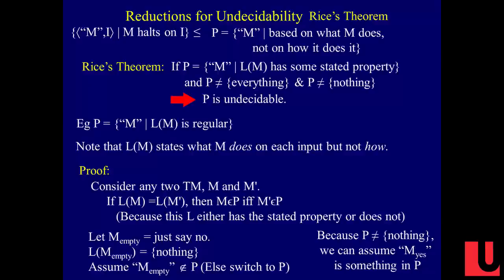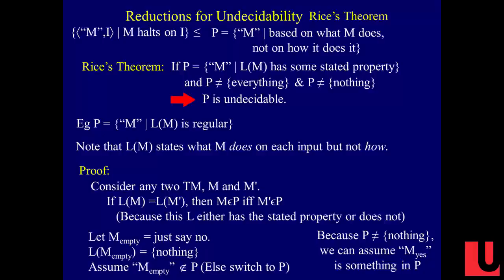But now we're going to use this property up here that P says yes to something. There's some Turing machine that it says yes to. All right? So let M yes be a Turing machine that P says yes to. So what do we know so far?